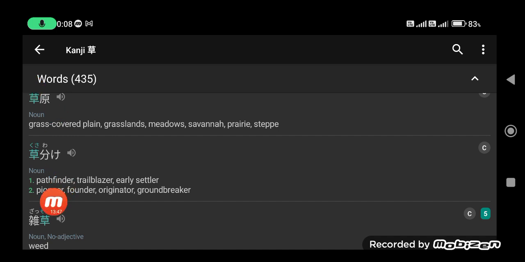Okay, minasan. Kusawake, pathfinder, because the wake here means to slice down or part into two a thing. Kusawake, pathfinder or trailblazer. Okay.